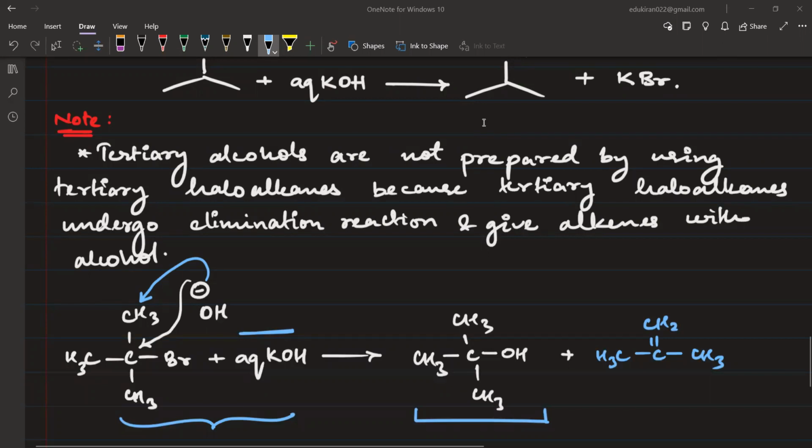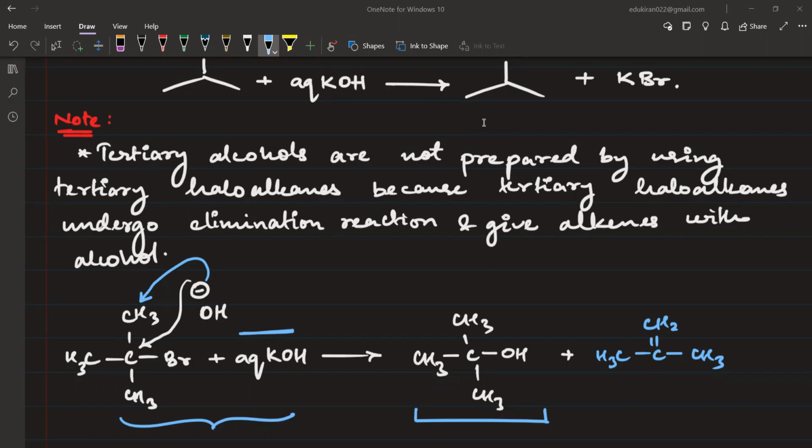What is the difference? Tell me. What are the 2 types of question that you are going to be asked, and how will your answers change according to the question? First question is for preparation of alcohol.